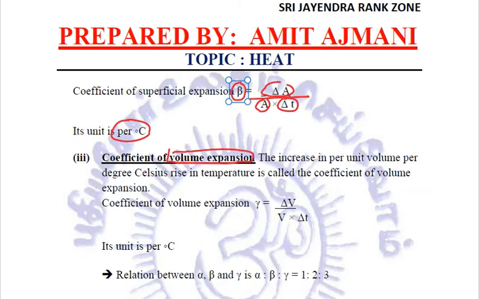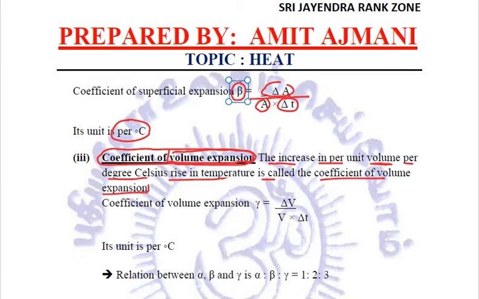This is the increase in the volume of a solid when it is heated. Now we will calculate the coefficient of volume expansion. Let us first understand what the coefficient of volume expansion is. The increase per unit volume per degree Celsius rise in temperature is called the coefficient of volume expansion.